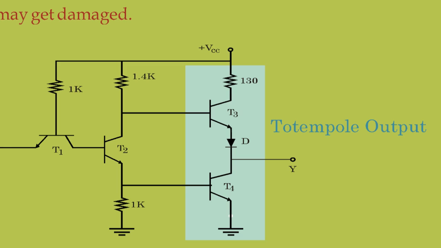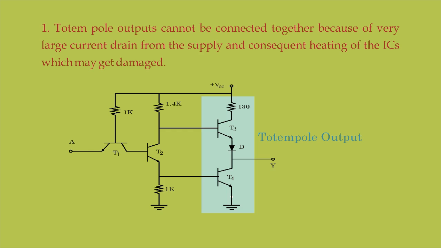Now the drawbacks of the bus. When the bus is a common line and the outputs of such TTL gates are connected commonly, suppose this is one gate and another gate's output is also connected there, it has some drawbacks. The first drawback of the totem pole output is this. If the totem pole outputs are connected together, all the gates are connected to a common power supply VCC.